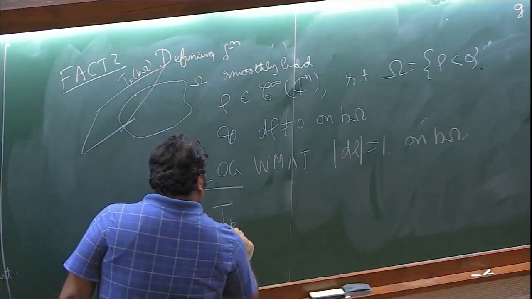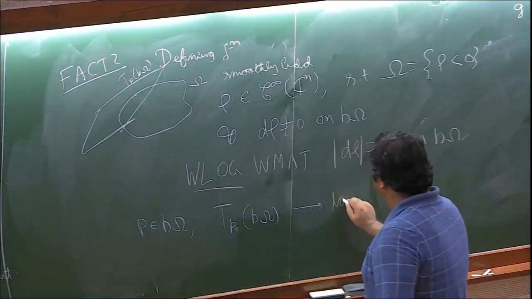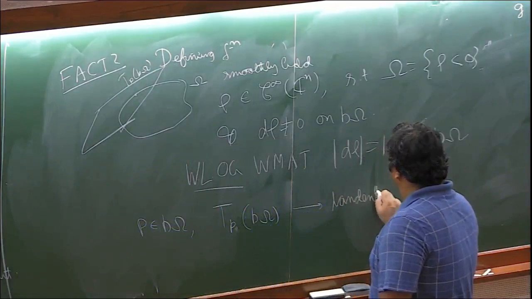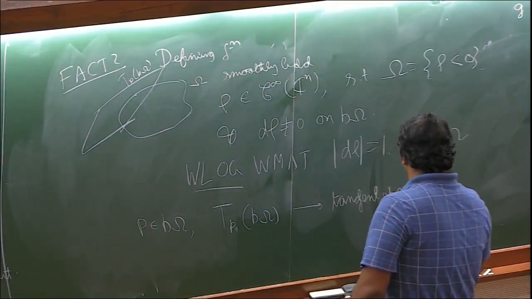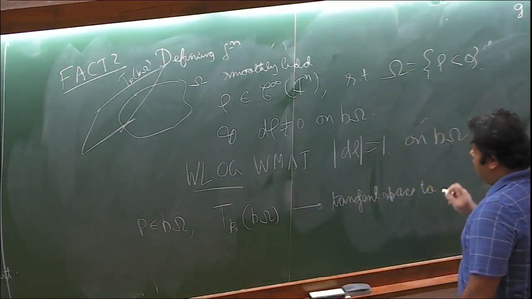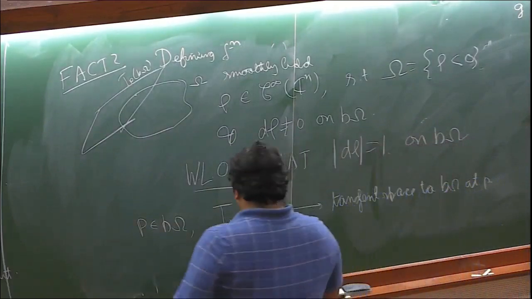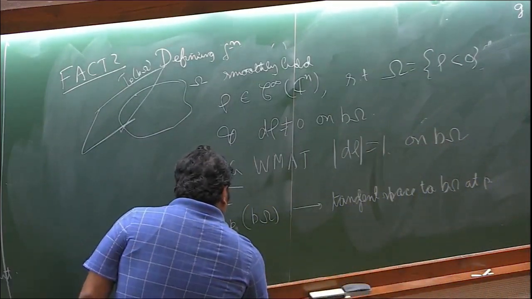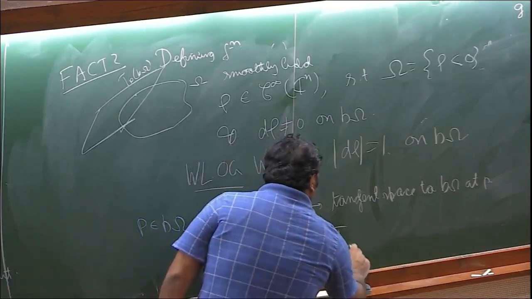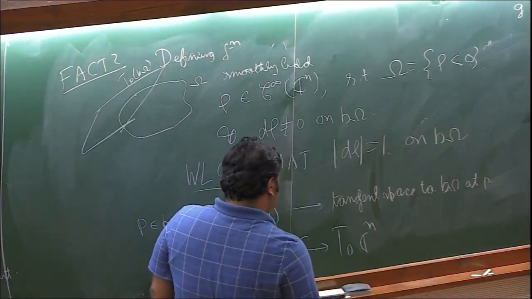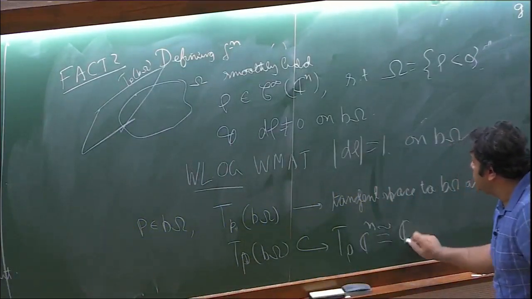So first of all, TP B omega is the tangent space to B omega at P, which is of course naturally embedded in the tangent space of the ambient space Cn, and therefore can be canonically identified with Cn.